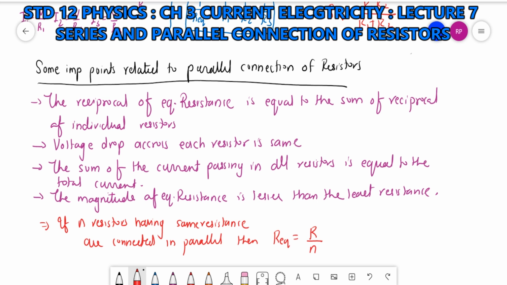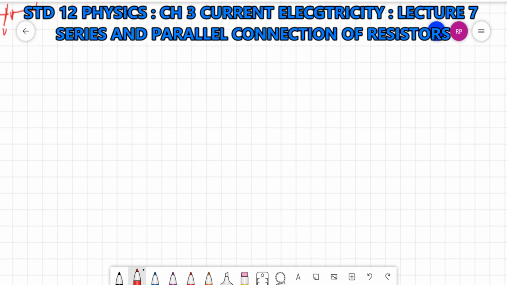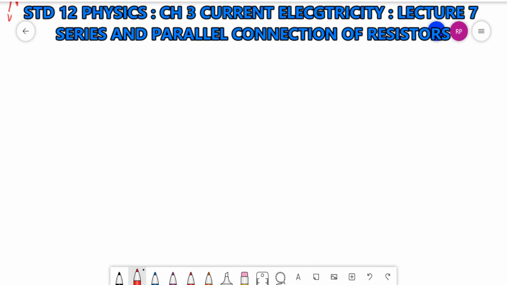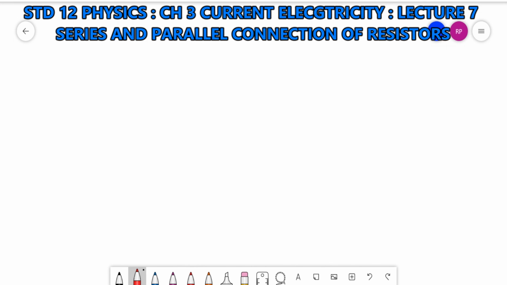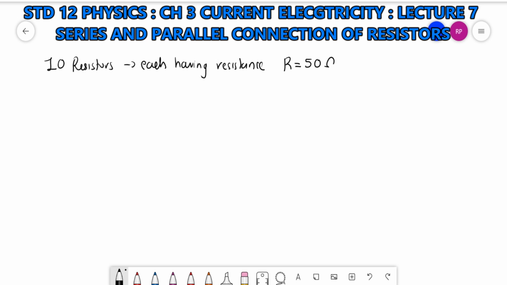Now let's take one example which includes series and parallel connection. The example is, let's take there are 10 resistors, each having resistance R equal to 50 ohm.